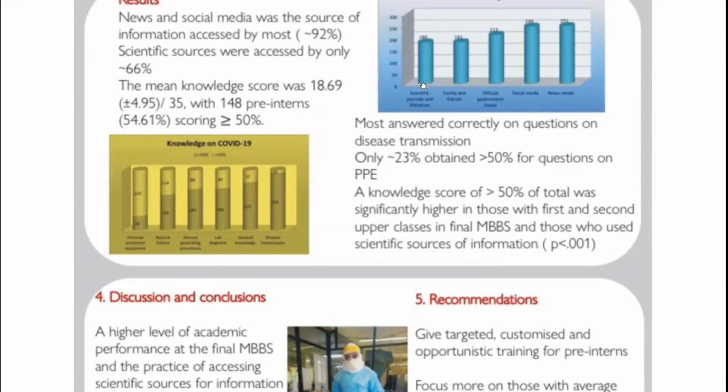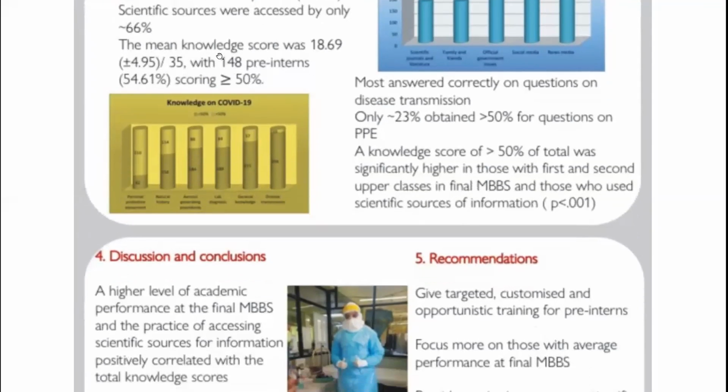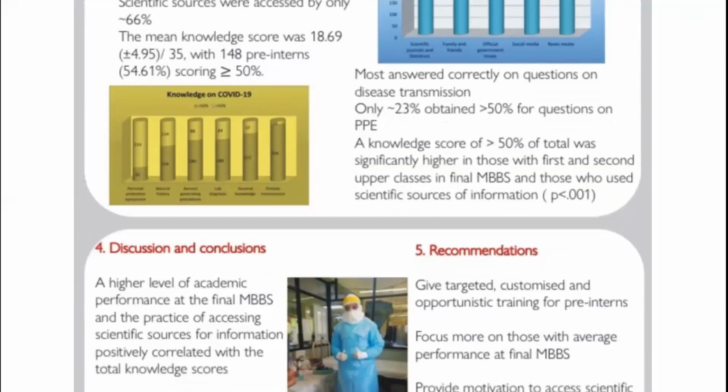So those sources are highly unlikely to provide information on technical aspects like PPE usage. So I think that may be contributing to the difference in knowledge. Right. So you're suggesting that before they take up any medical job, they should have training on PPE and other COVID related aspects. Yes.